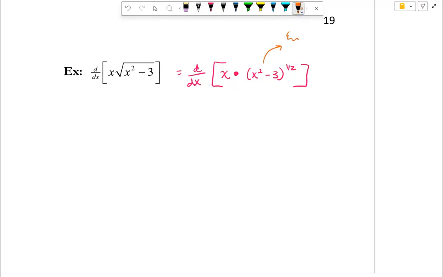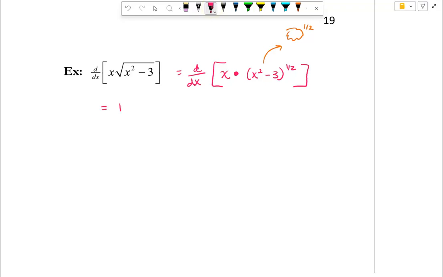That is some junk to the 1/2 power, and that junk isn't just x. That's a composition of x to the 1/2 power composed with x squared minus 3. So again, we have to use our product rule, and within the product rule, we're going to have to use the chain rule.